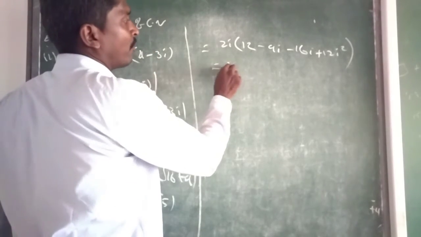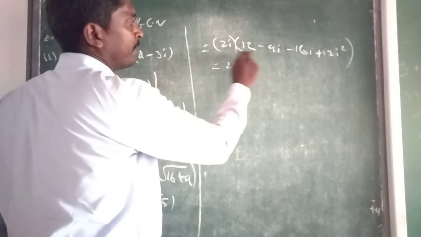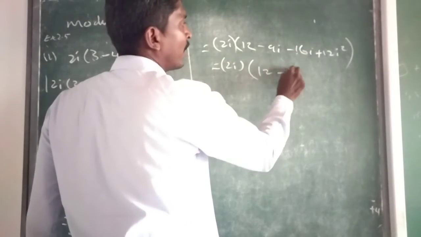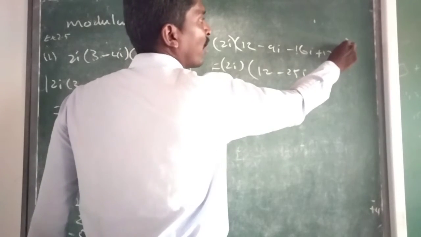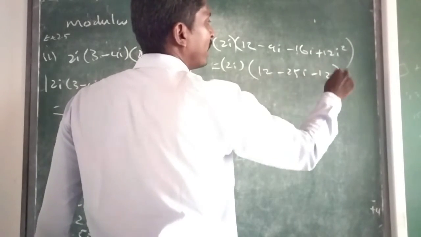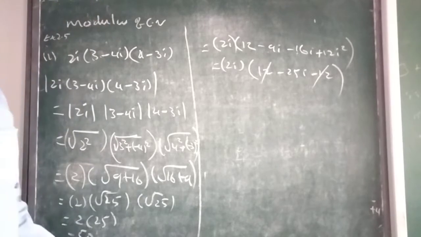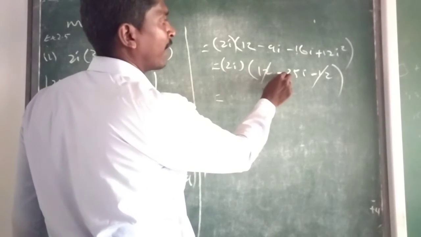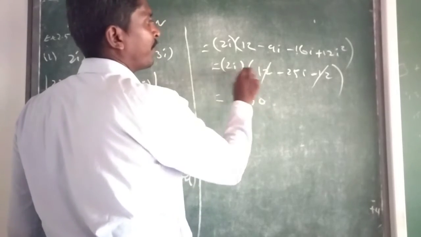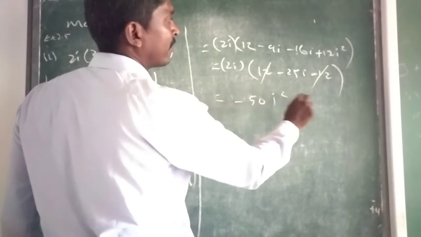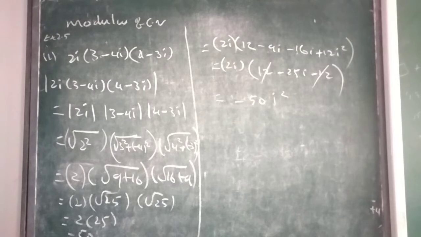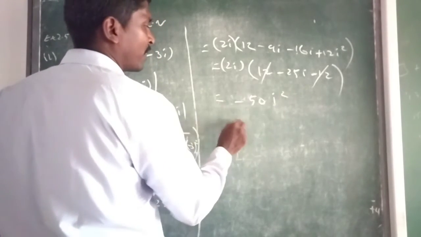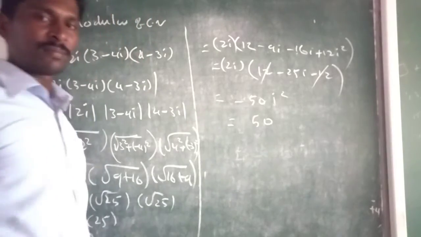Now apply the values, this is a multiple: 12 minus 25i. The i square value is minus 1, so it becomes minus 12. So minus 12 plus 12 cancel. When you multiply 2i into minus 25i, it is minus 50 i square. The i square value is minus 1, so finally it becomes 50.